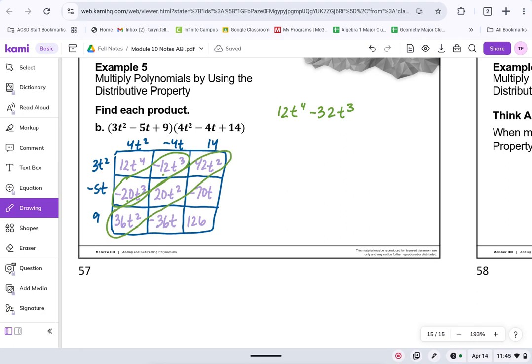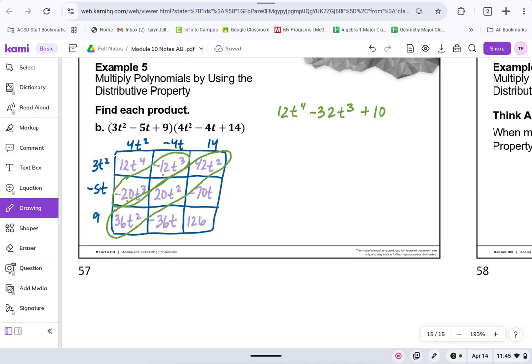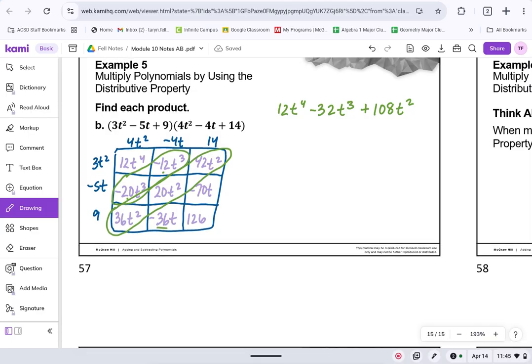If I add 36 plus 20 plus 42, that is going to give me 108t squared. And then if I put my other t's together, negative 36 and negative 70t would give me negative 106t, and plus 126. And that should be my answer.